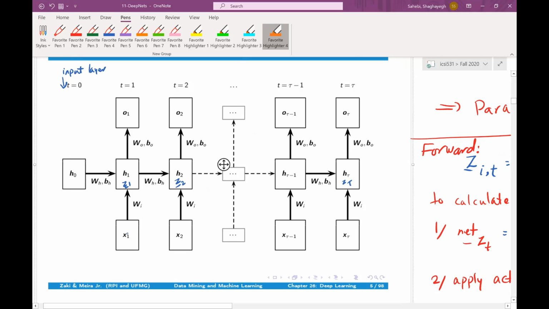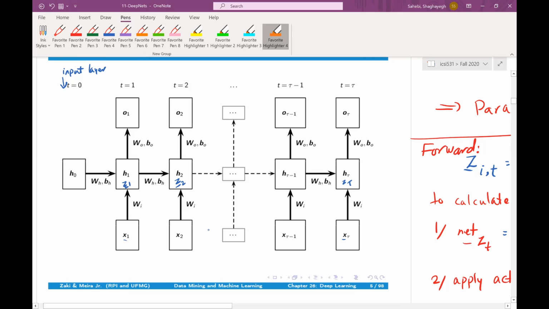For each of the z's, we have also one input, right? So our sequence of input x's are here. So x_1, x_2, until x_tau are here. They are going to feed into our z's or h's, and these are with W_I. All of the W_I's are the same.